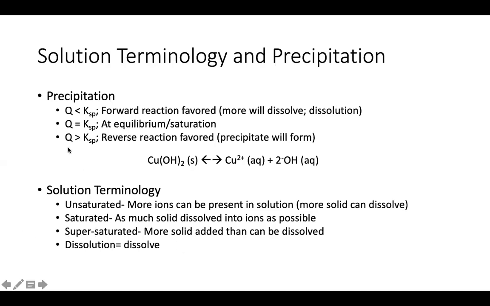Actually, supersaturated doesn't really correspond with Q being greater than your KSP. Supersaturated typically means that you added too much solute and no more can be dissolved. Q being greater than KSP is typically the situation when you have ions. You add ions to solution and their concentrations get too great, so that your Q is greater than your KSP, which causes solid to form on the bottom.